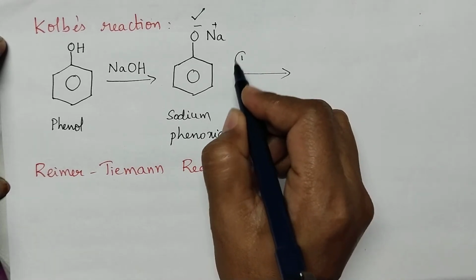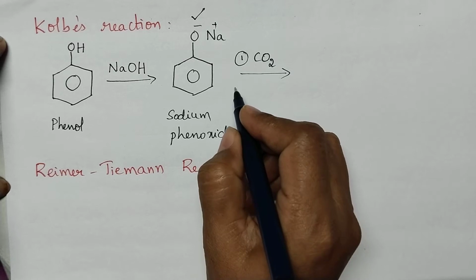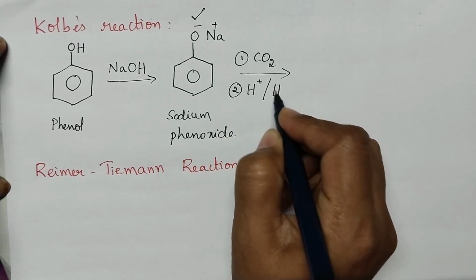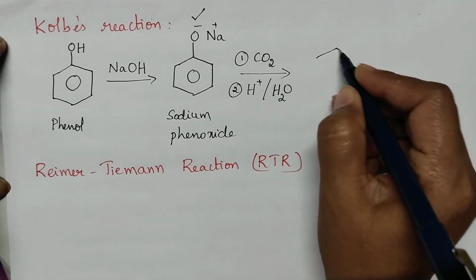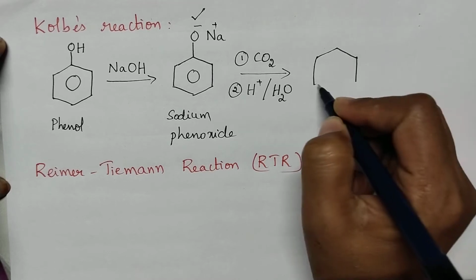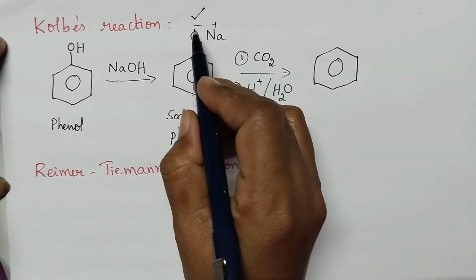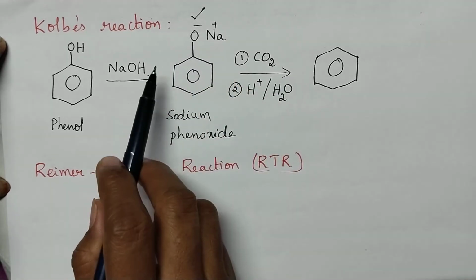When it is treated with carbon dioxide followed by hydrolysis in the presence of an acid, an acid group will be introduced at the ortho position. So what is the importance of the phenoxide ion, students? Phenoxide ion is an electron rich species and it is highly reactive.